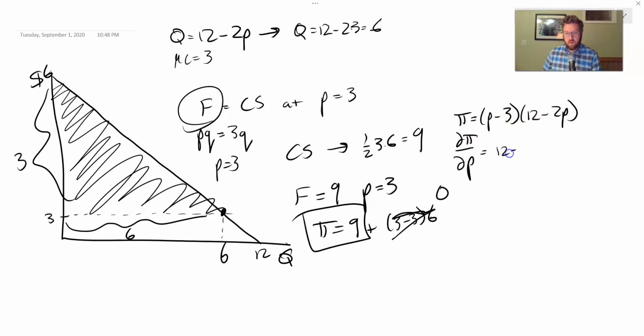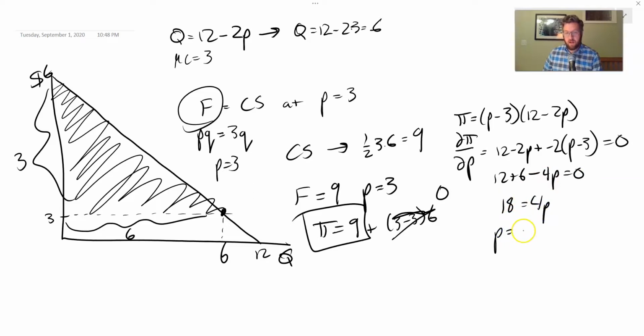This is 12 minus 2p plus the derivative of the second term, which is negative 2, times p minus 3. Set that equal to 0. 12 plus 6, and then we have minus 2p and a minus 2p, so minus 4p equals 0. And we end up with 18 equals 4p, or p should equal 4.5.